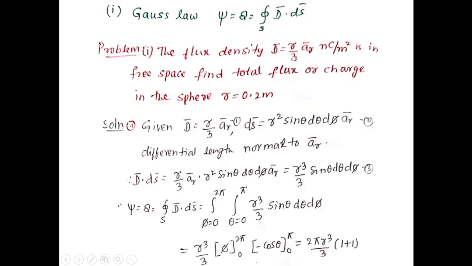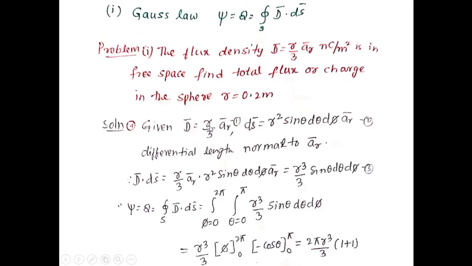Given flux density D bar is equal to r by 3 ar bar nanocoulomb per meter square in free space, find the total flux or charge in the sphere with radius r equal to 0.2 meter.